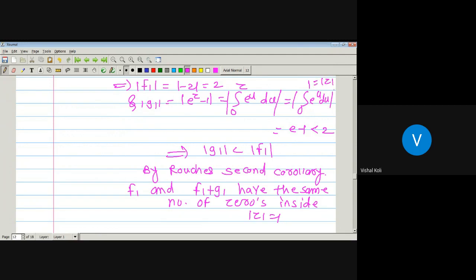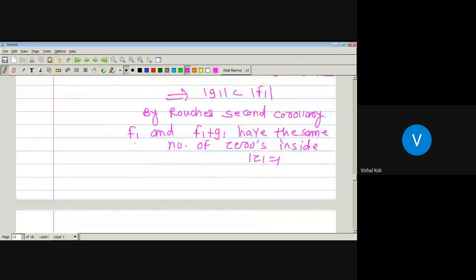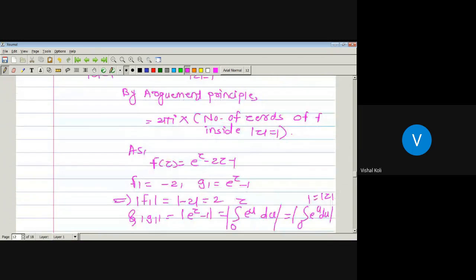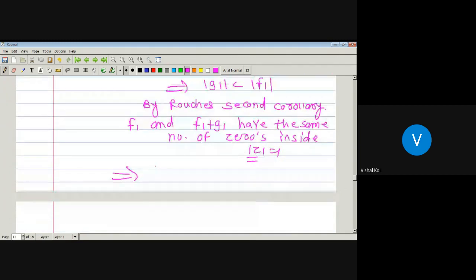Okay, so the two functions f1 and f1 plus g1 have the same number of zeros inside this curve. But f1 plus g1 is nothing but the addition of these two. f1 is this one, g1 is this one, and the addition of these two is nothing but f of z, which implies f of z has the same number of zeros inside the curve mod z equal to 1.